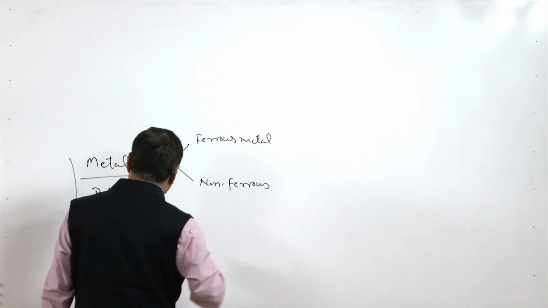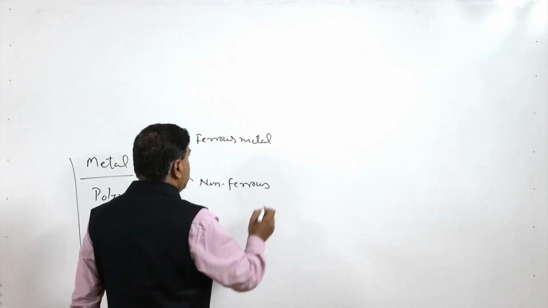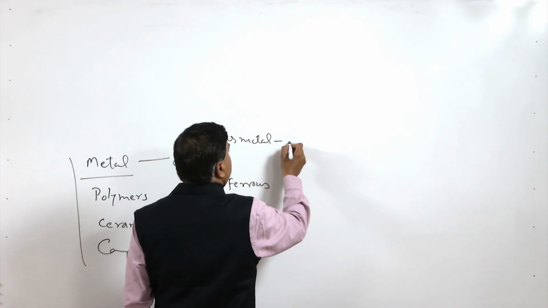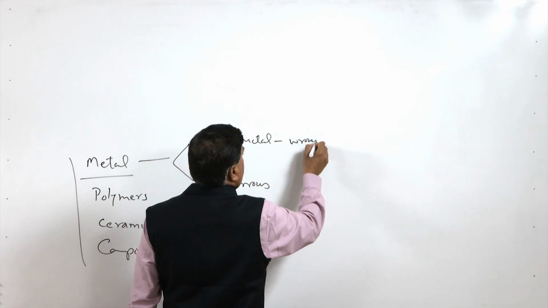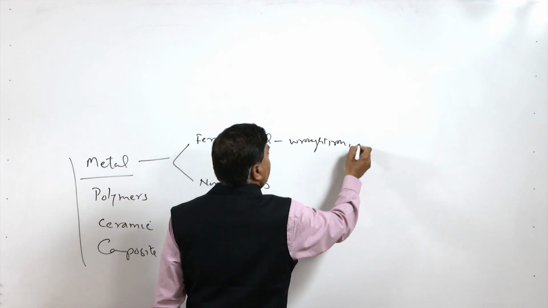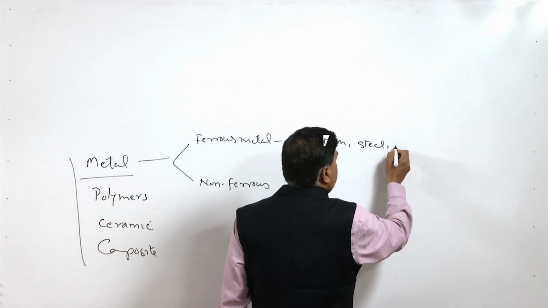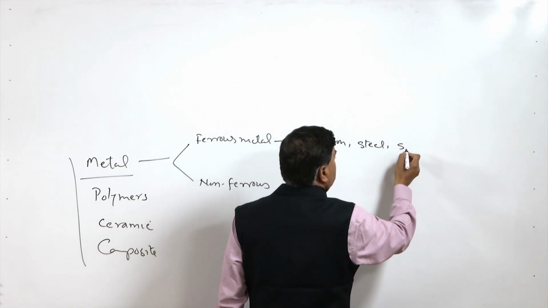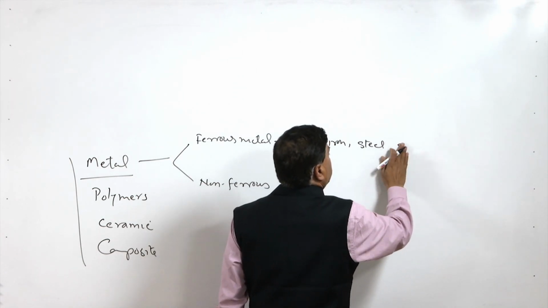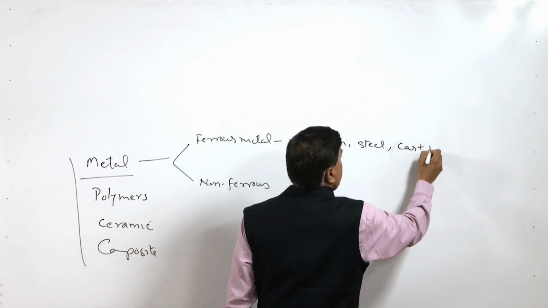In this subject mostly we will talk about the metals and their manufacturing. So, in metals we have wrought ferrous metals: wrought iron, steels, and in the steels, although there are different categories of steels, then cast iron.